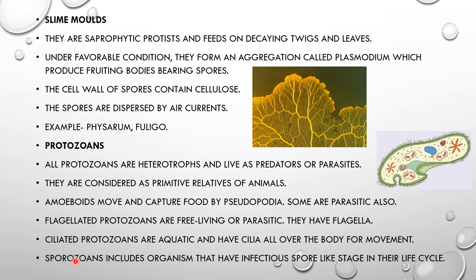There are four major groups of protozoans. Which ones? You can see here amoeboids, flagellated, ciliated, and sporozoans. These are the four groups of protozoa. We will see them one by one. First of all, amoeboid protozoans.